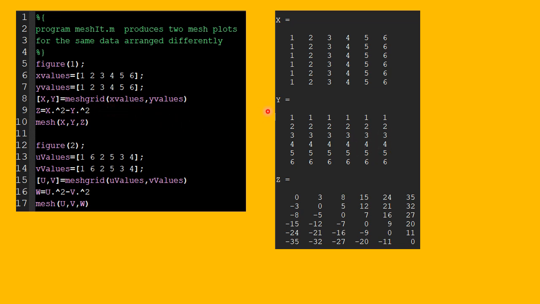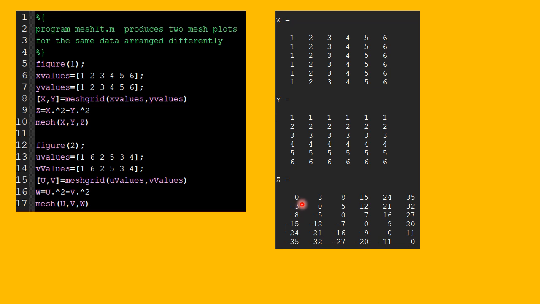When you look at x squared minus y squared, z is going to be this two-dimensional array. Where did this 0 come from? It's 1 squared minus 1 squared. So the 1,1 entry of x was squared, the 1,1 entry of y was also squared. 1 squared minus 1 squared is 0.